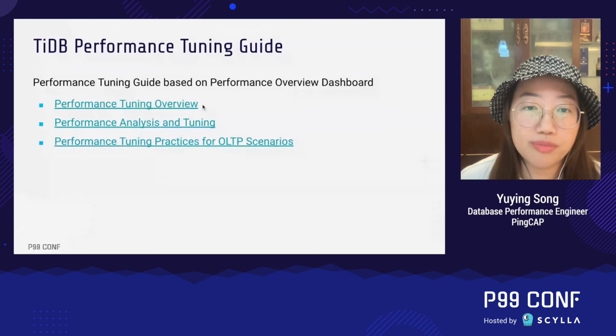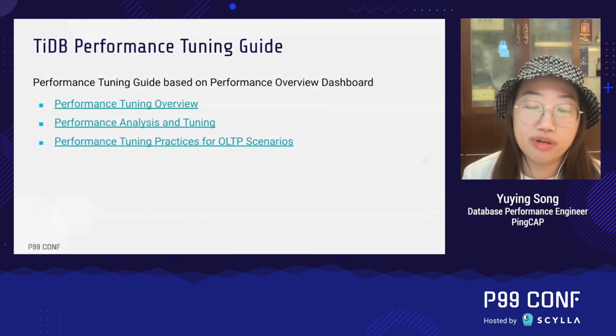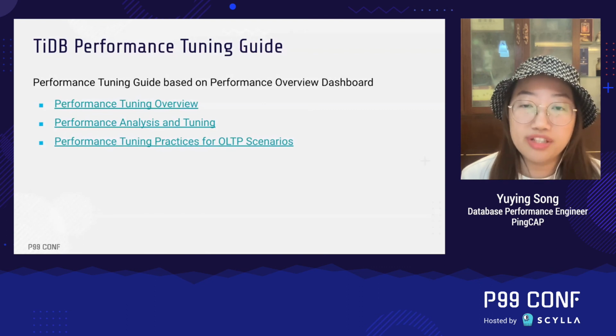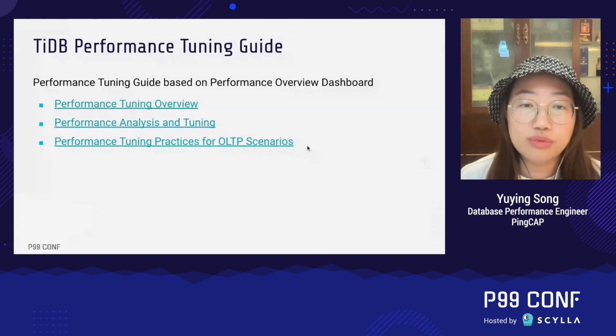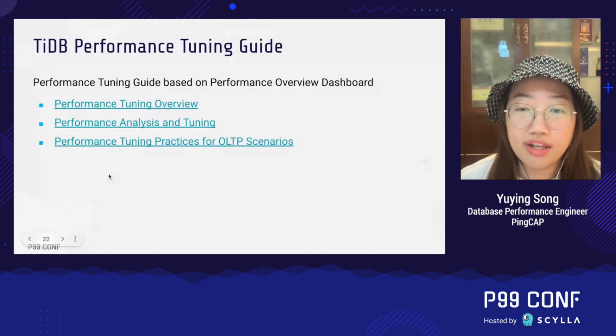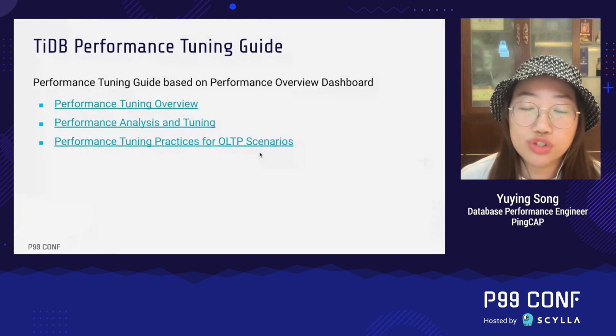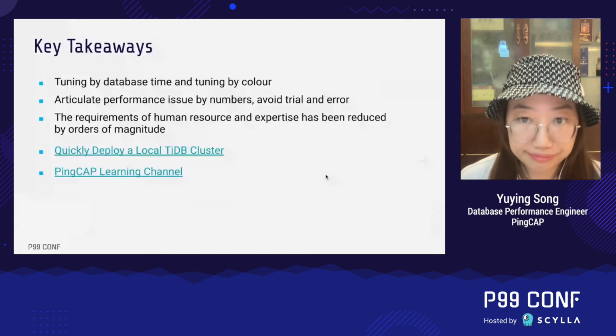The first is performance tuning overview, which introduces a top-down approach for database performance tuning. And the second part is performance analyze and tuning. Last but not least, we show a very specific OLTP scenario and show you how to tune this scenario with the performance overview dashboard.